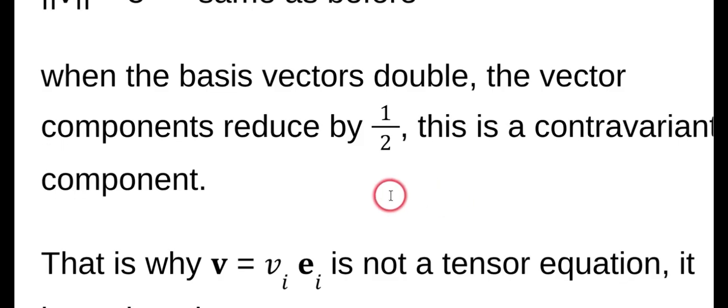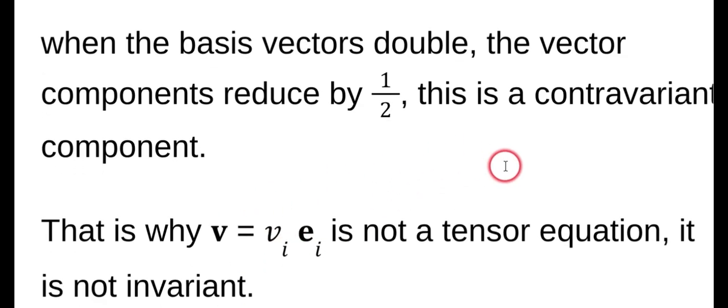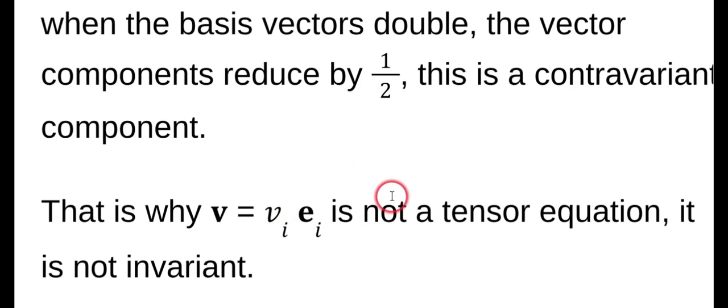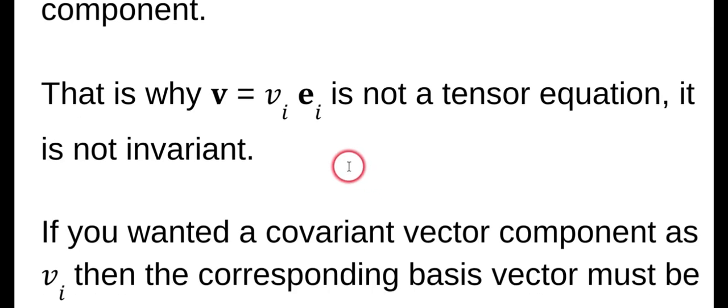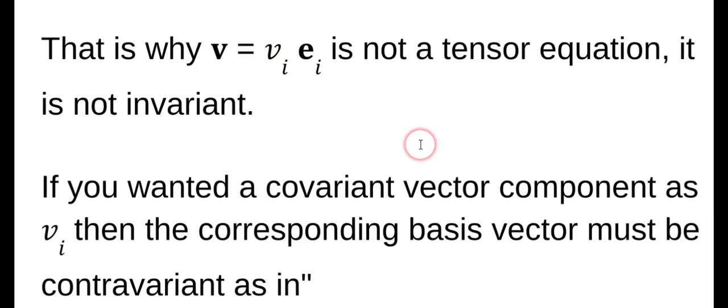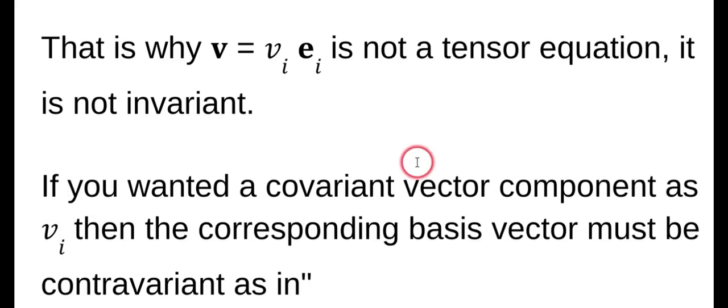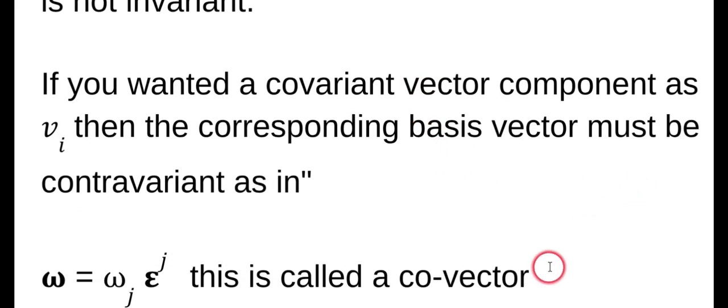So that's why this, written like this, V^i E_i, both in the lower position, is not a tensor equation. It's not invariant. Because you're saying they both change the same way. When this doubles, this is going to double. Well, you can't do that. It's not invariant. So if you wanted a covariant vector component like this, then the basis vector must be contravariant, as in this.